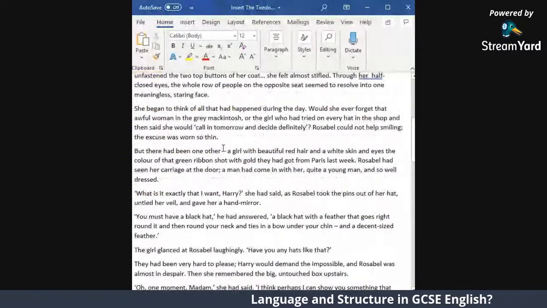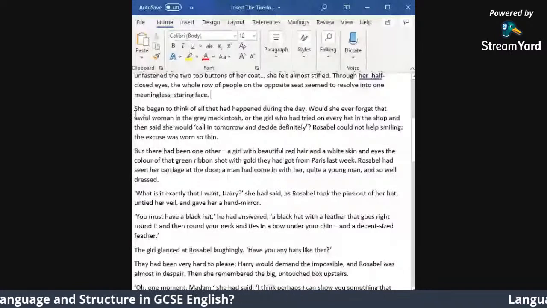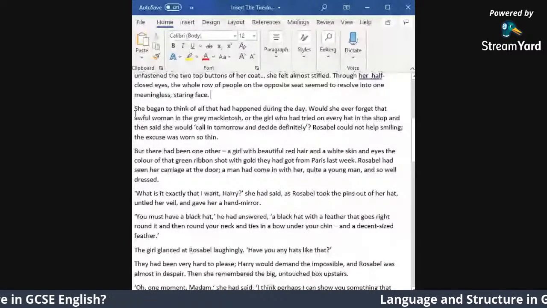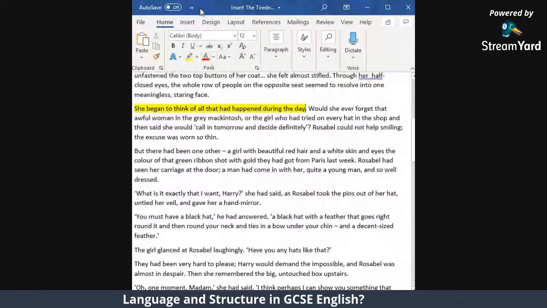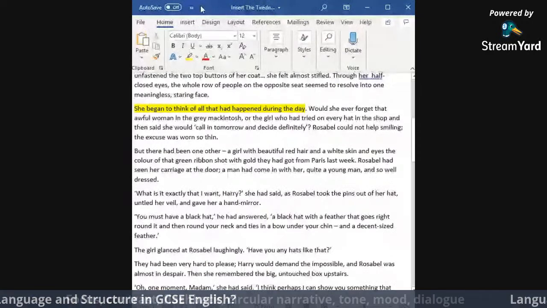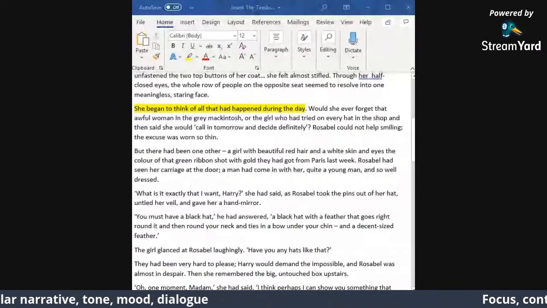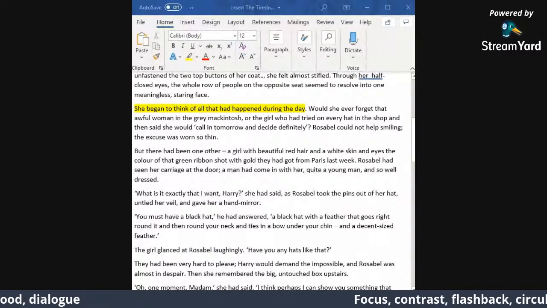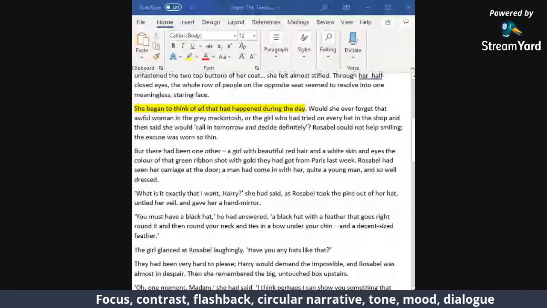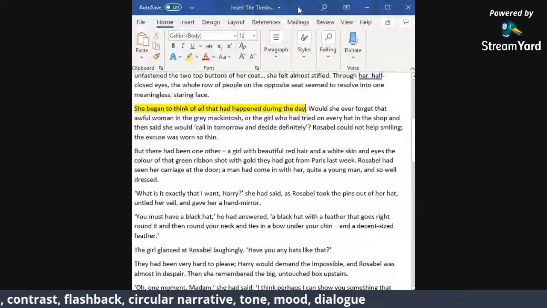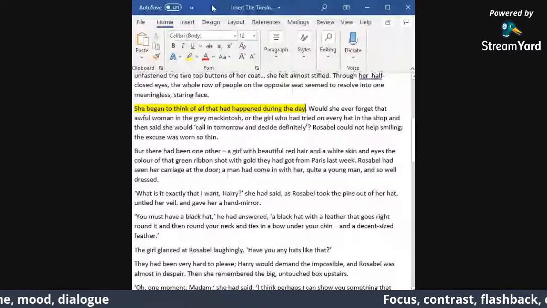So we look further into the extract, and it says this: she began to think of all that happened during the day. Well, when you're looking in the past, we're using elements of flashback, and flashback is something that will happen quite a lot. If you look across the screen, on the ticker banner that's coming across, you've got some of the elements of structure that writers use.